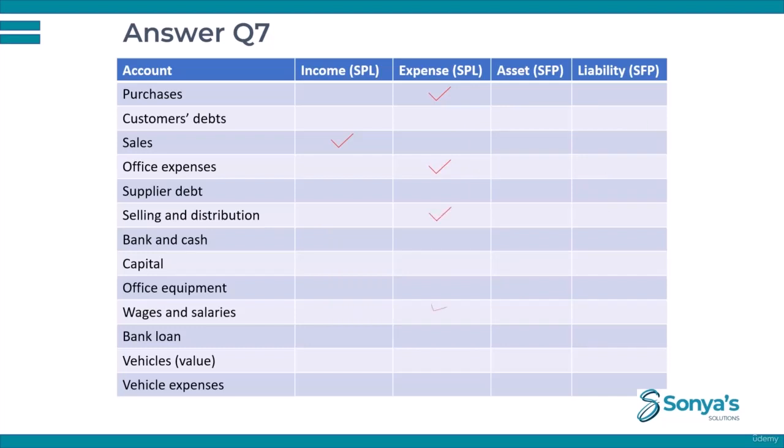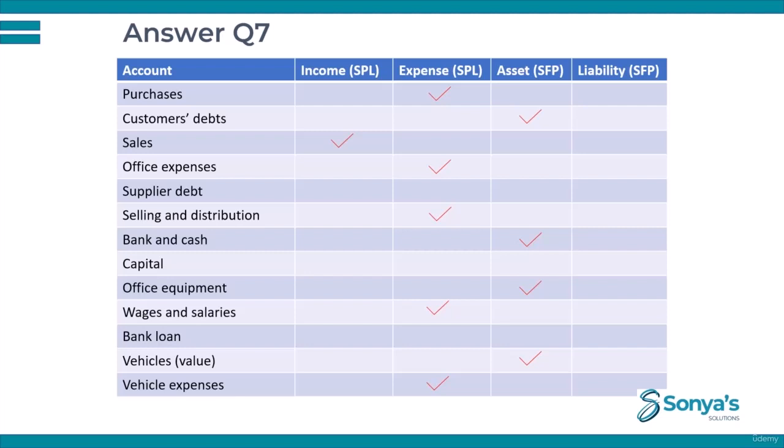The other expense accounts listed record the costs incurred as a result of trading, also known as overheads, and will be deducted from sales to calculate profit. The asset accounts record the resources the business has that can be turned into cash, so the business can ask customers to settle their debts, use cash and any cash held in the business, sell its office equipment and vehicles.